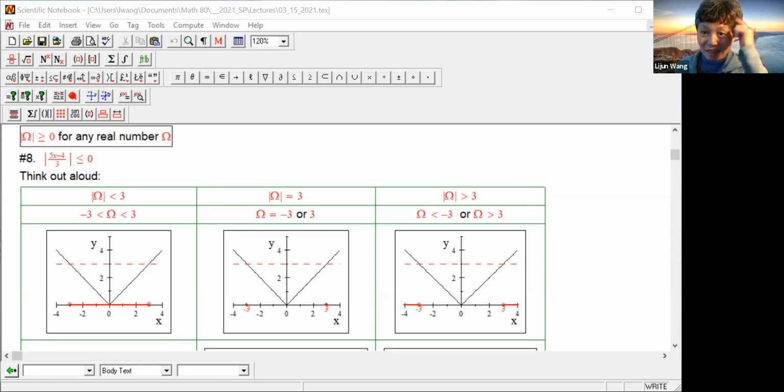We need to think. Now we understand what anything is. The absolute value of anything is at least 0. And in this expression, we want the absolute value to be less than or equal to 0. We've been covering many things in this class. Which do you think will be relevant for your answer?